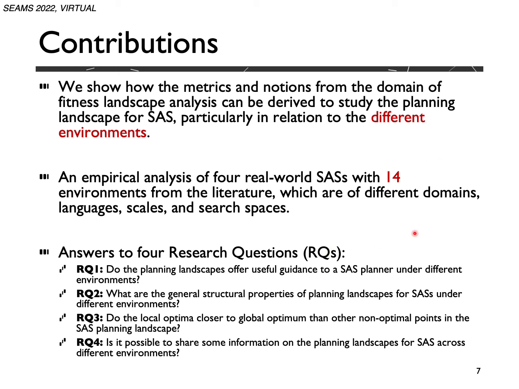The key question is: does the planning landscape offer useful guidance to a SAS planner under different environments? And what are the general structural properties of the planning landscape of SAS under different environments, particularly their modality, ruggedness, and so forth?